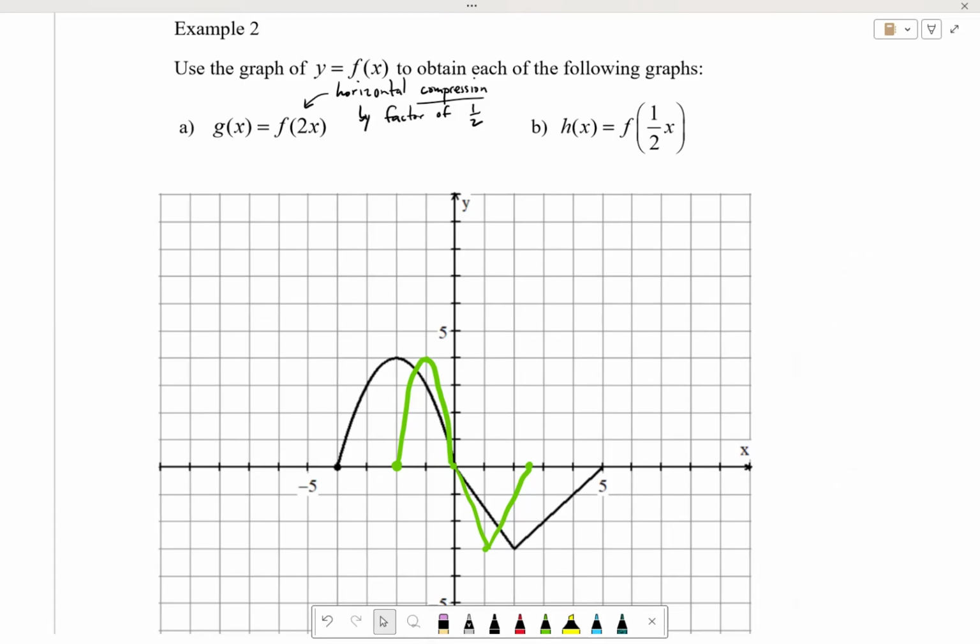Do we know what f of 2 is? Check with your neighbor. What is f of 2? I'm looking for a number.